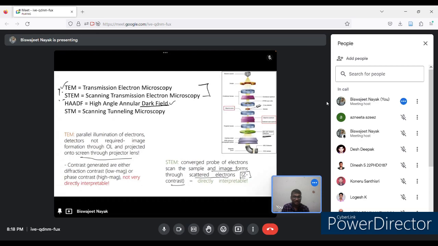The important thing you will be learning in future is that here Z contrast is used, and diffraction contrast or phase contrast is used in TEM. This is one of the differences between TEM and STEM, and because of this interpretability, STEM is sometimes preferred over TEM. So this is, you may say, the significance over TEM.